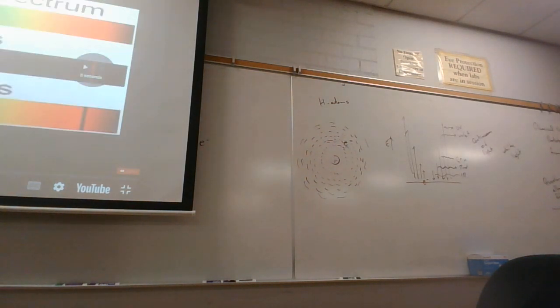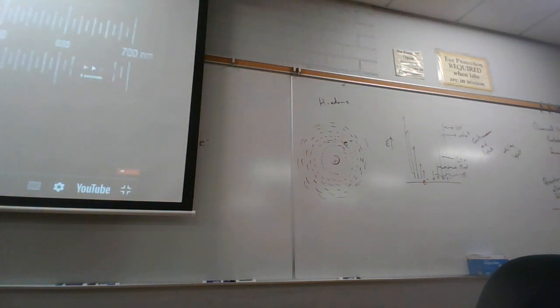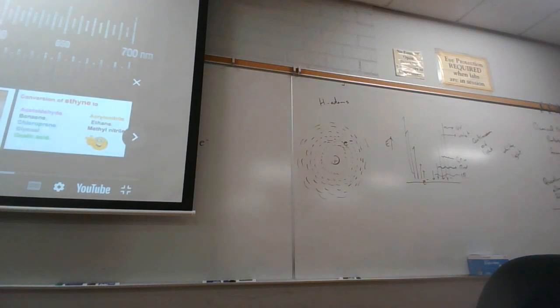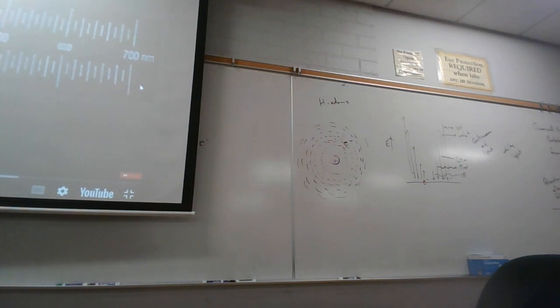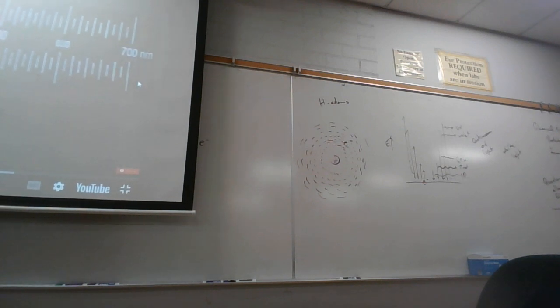Oh, this looks pretty good. This is most likely what you're going to see. It's just one line at about 589, 590. It should be at 590, one line here. Then you know it's calibrated.